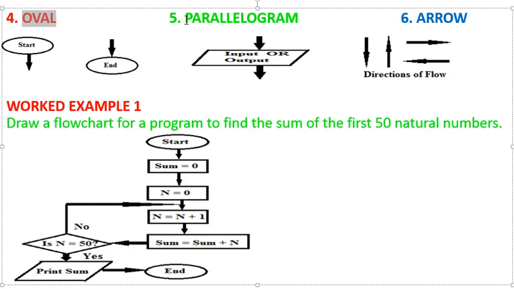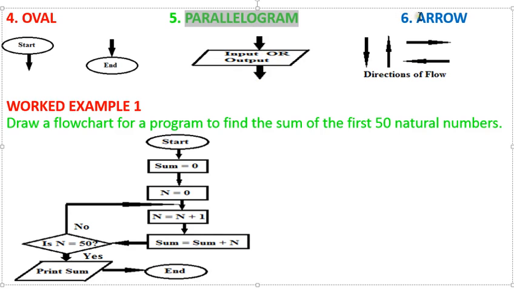Then symbol number 5 is called a parallelogram, and it is used for 2 things: either taking an input or producing an output. As you can see from the diagram, it has 1 entry point and 1 exit point.